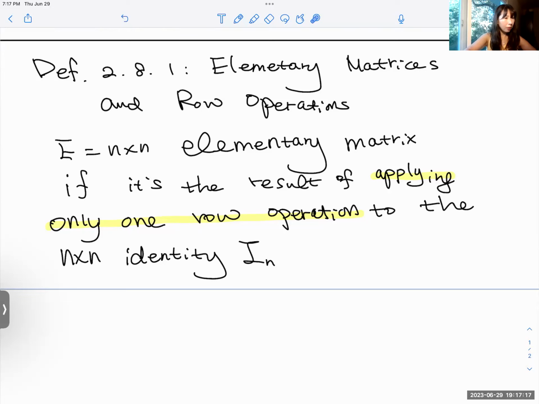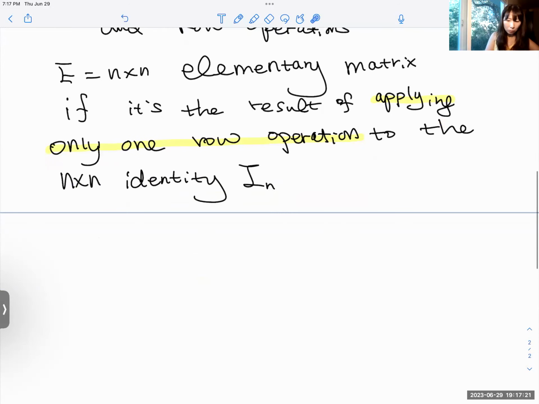All right, let us do this one, 3 by 3. Let's denote just one, because there are too many elementary matrices.